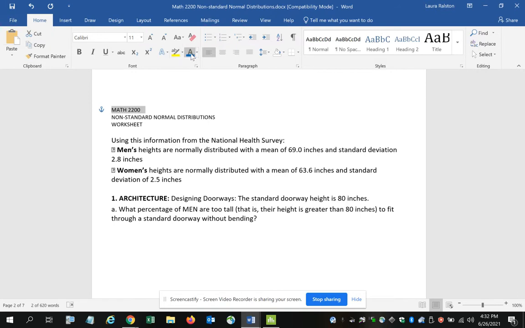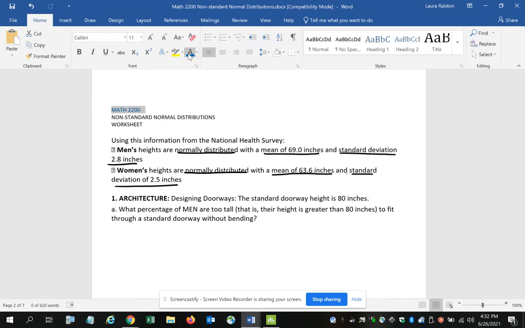Very clearly it tells us that we're dealing with a normal distribution with a mean of 69 inches and a standard deviation of 2.8 inches. It also tells us that women's heights are normally distributed, again very clearly, with a mean of 63.6 inches and a standard deviation of 2.5 inches. So we're going to use this information.